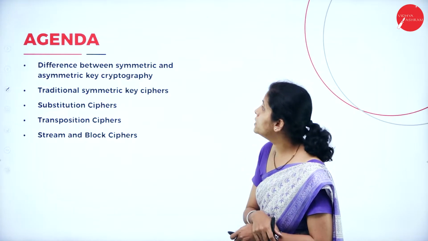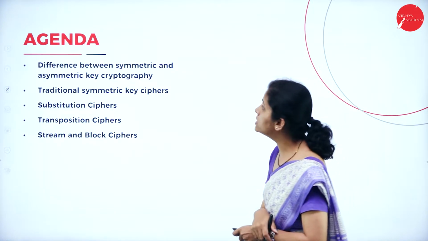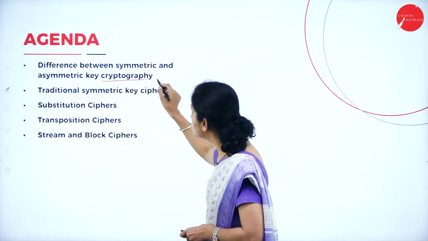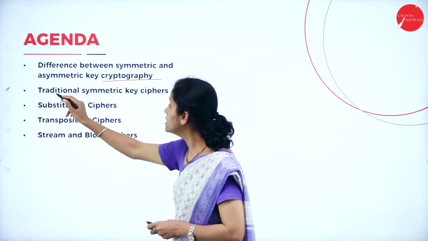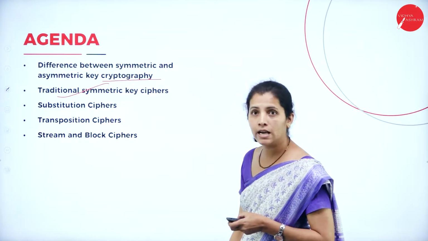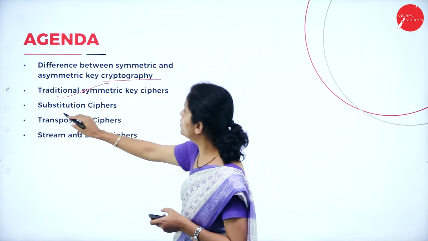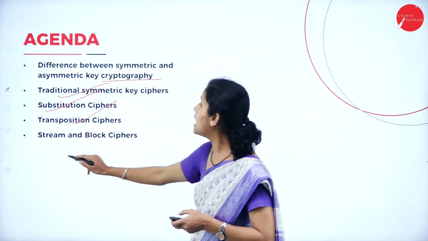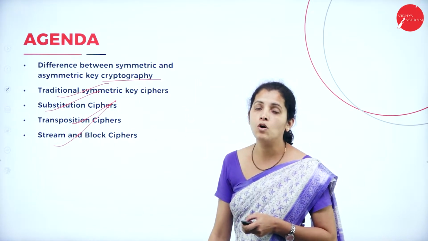But in today's session, I'm going to deal with the difference between symmetric key crypto system as well as traditional symmetric key cipher. Along with that, I'm going to deal with substitution cipher, transposition cipher, as well as stream and block cipher.